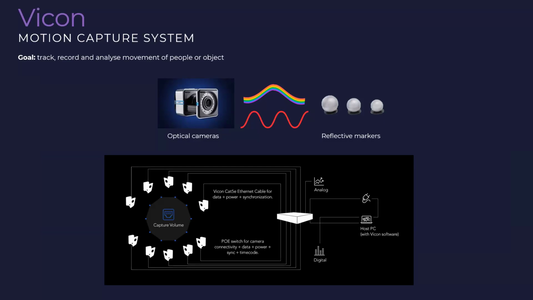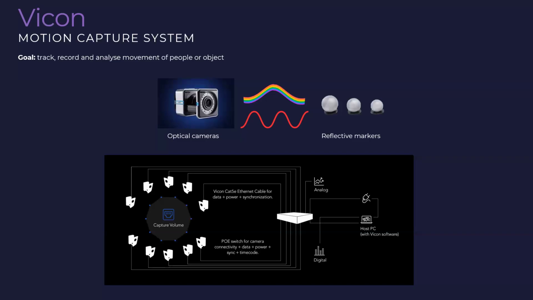This is an example on the bottom of the slide of the setup that is usually done. We have the cameras encircling the capture volume, so we can have different points of view of the markers for a more robust recording. All the cameras are linked to a GigaNet box, which is used to go from analog data to digital data, and the data are sent to a host PC.